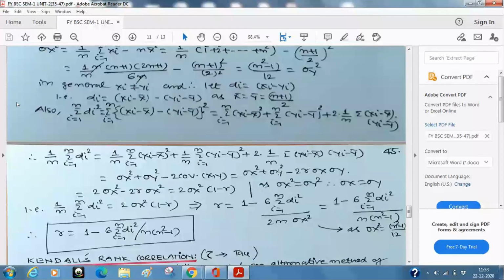But sigma x and sigma y are the same, why? Because sigma x square is equal to sigma y square. If this is true, taking the under root, it will become like this. Now put all these values here. Because sigma x is equal to sigma y, whether you write y or x, both values will be the same. So what we are writing here is 2 times sigma x square.